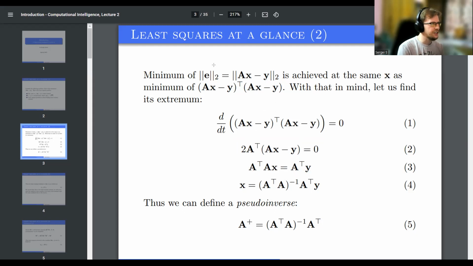Okay, now the next step is to multiply both sides by the inverse of A transpose A. So we invert this guy and we get this expression. Why can we invert this guy? Good question.